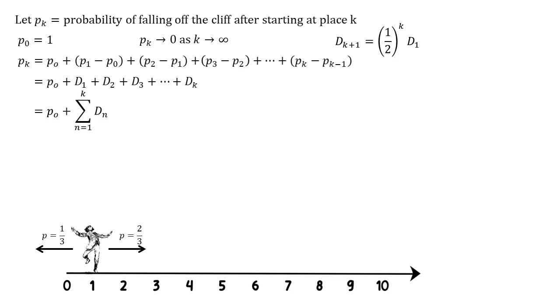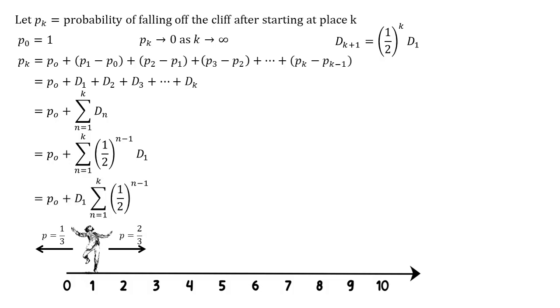But we know that dk plus 1 is equal to a half to the power of k times d1, so we can replace that dn with a half to the n minus 1 times d1, and d1 is just a constant, so let's take that out. So far we've got that pk is equal to p0 plus d1 times the sum from n equals 1 to k of a half to the power of n minus 1.